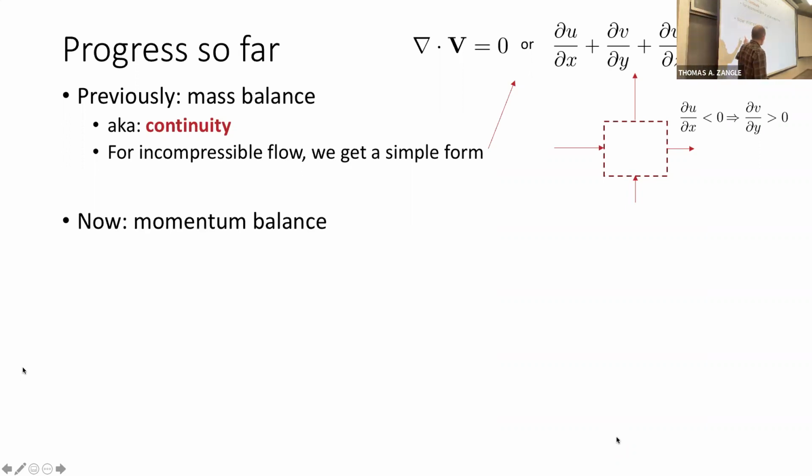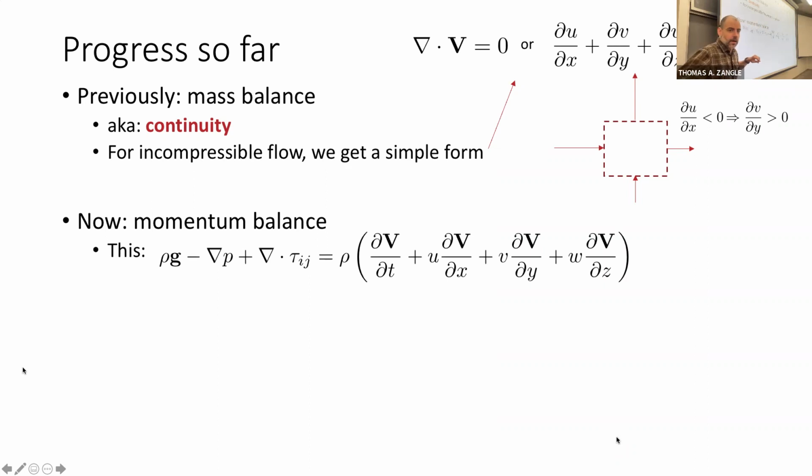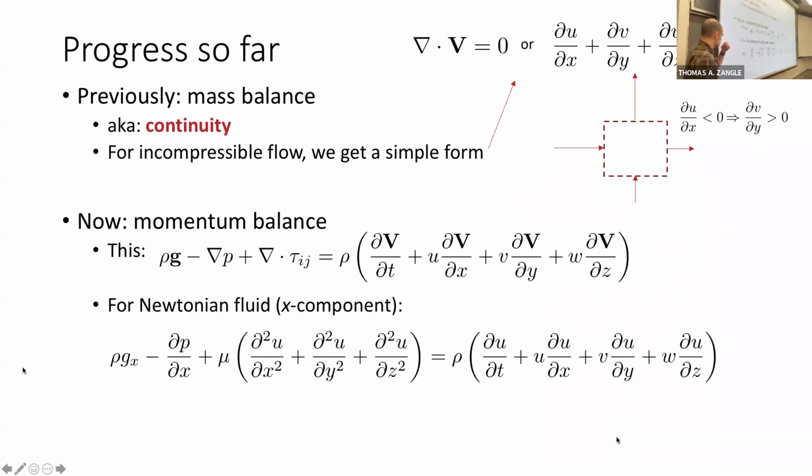We just developed the momentum balance: rho g minus grad p plus grad dot tau ij is equal to rho times the total derivative of velocity with respect to time. And for a Newtonian fluid, we've written out the x component of this in terms of the second derivatives of the velocity field and our Newtonian viscosity mu.